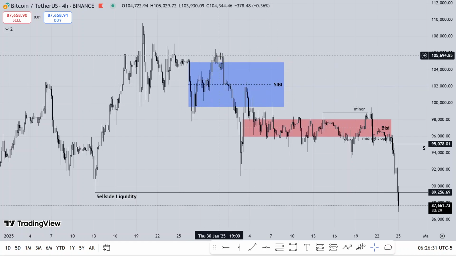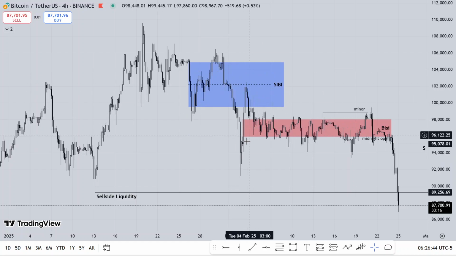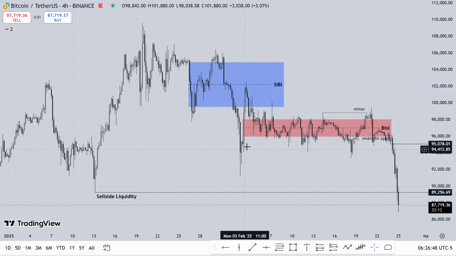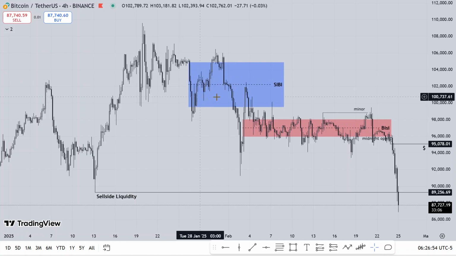So we had this drop here, meaning this is a shift in market structure, confirming this as a consolidation and this an expansion. So when we have an expansion, we expect a form of retracement to an imbalance. So we retraced to an imbalance, then dropped lower. Accumulation, manipulation, and distribution.